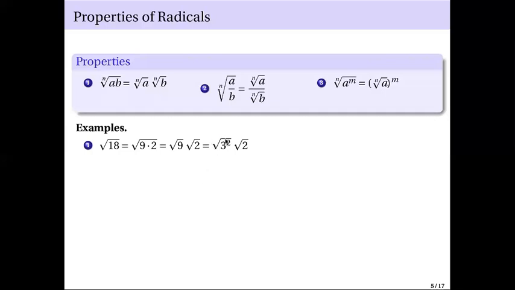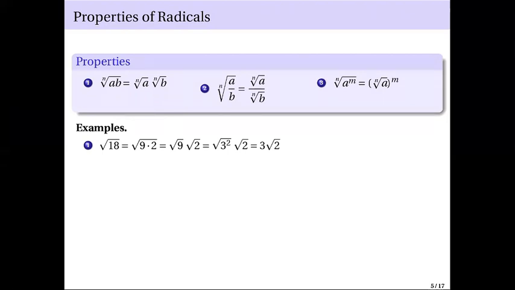So you have 2 here and then 2 here, they just cancel each other, quote unquote. So this will give you 3 square root of 2. So this is the value of square root of 18. You can write it as 3 square root of 2.